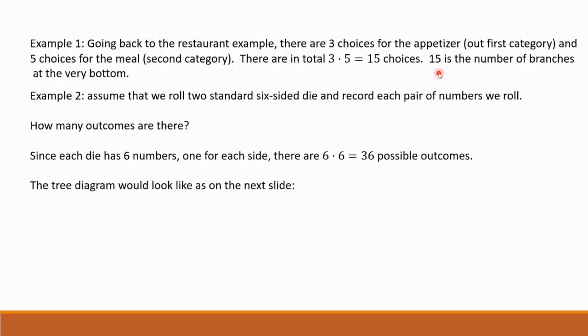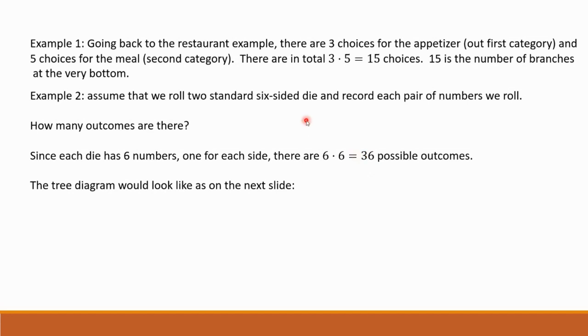This was the restaurant example, as I said before, there's 15 branches. This was with the die. If we were to roll 2 6-sided die, and record each pair of numbers that appear, it turns out there are 36 outcomes, because you have 6 possible outcomes for each roll. In the category idea, from the first category, that would be the number you can get from the first roll, 6 outcomes.